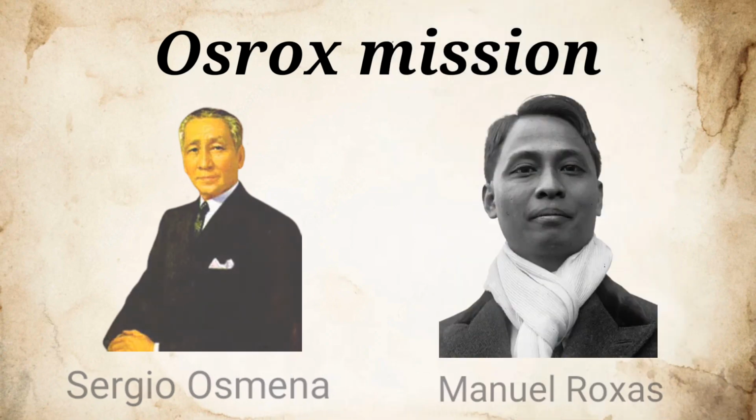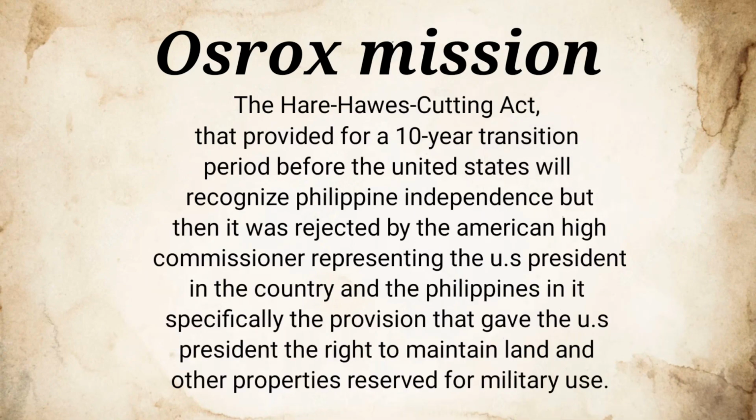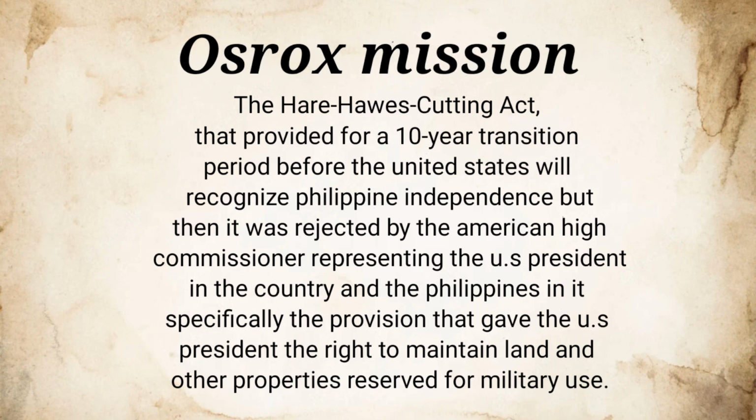They presented the Hare-Hawes-Cutting Act that provided for a 10-year transition period before the United States would recognize Philippine independence. But then, it was rejected by the American High Commissioner representing the U.S. President in the country, especially the provision that gives the U.S. President the right to maintain land and other properties reserved for military use.